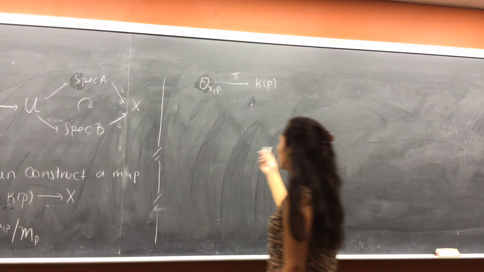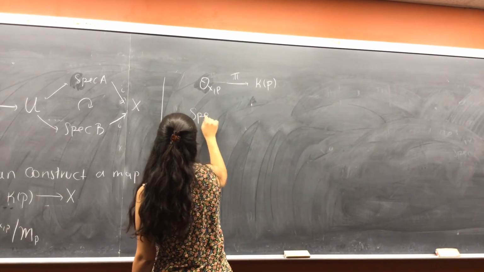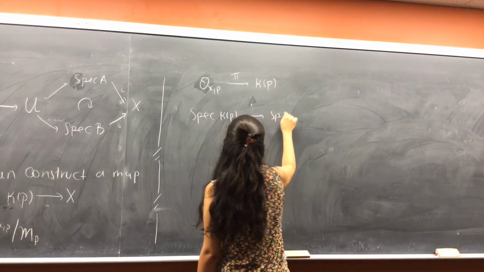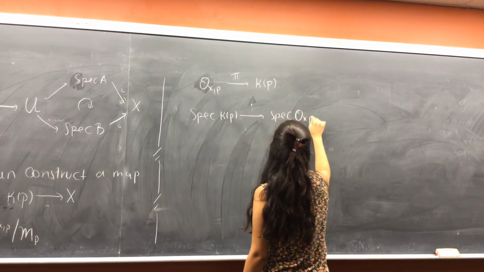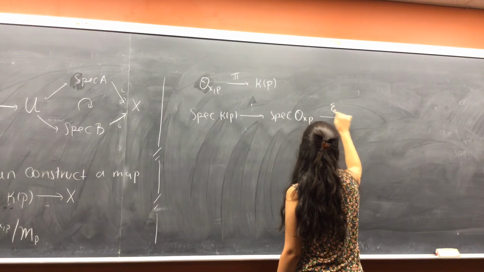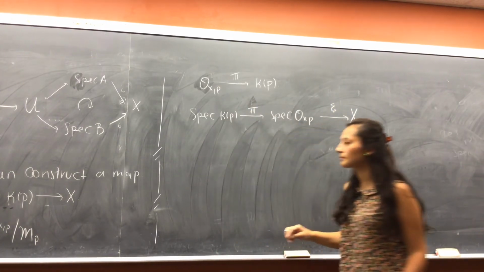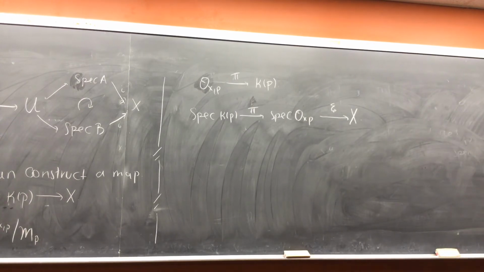And then you get the map into spec O_{X,P}. And then you compose it with your epsilon map to X. Okay? Good. So keep in mind the way we construct this map, because we will use it in just a few minutes.